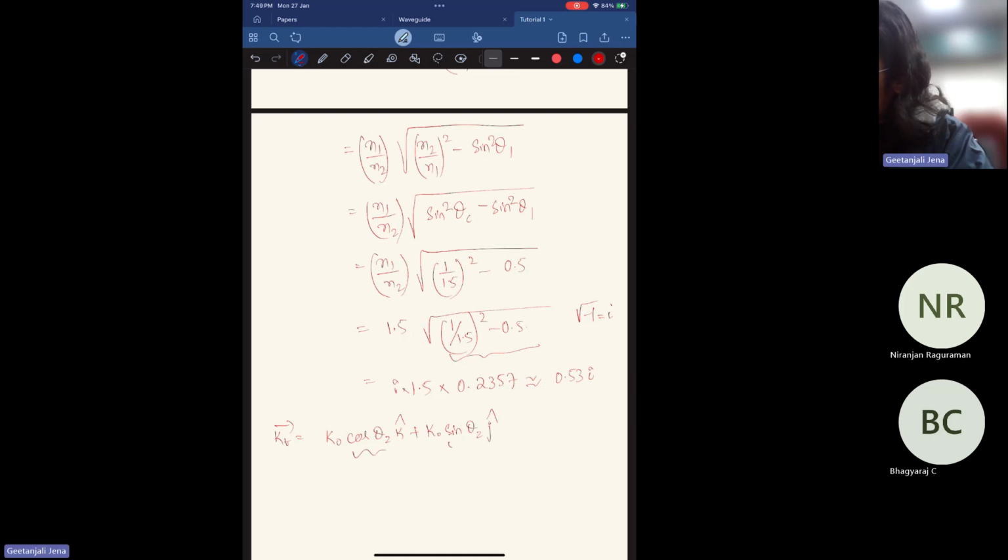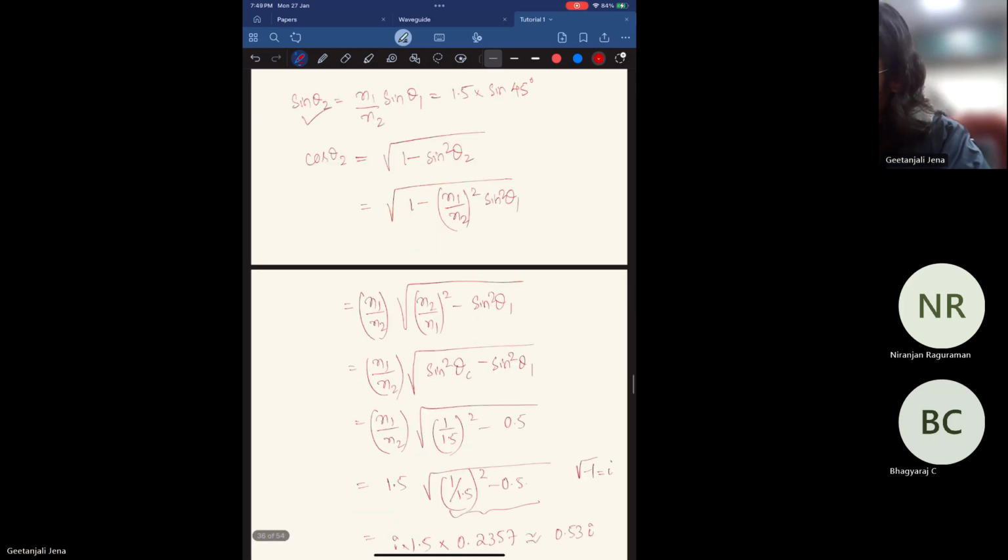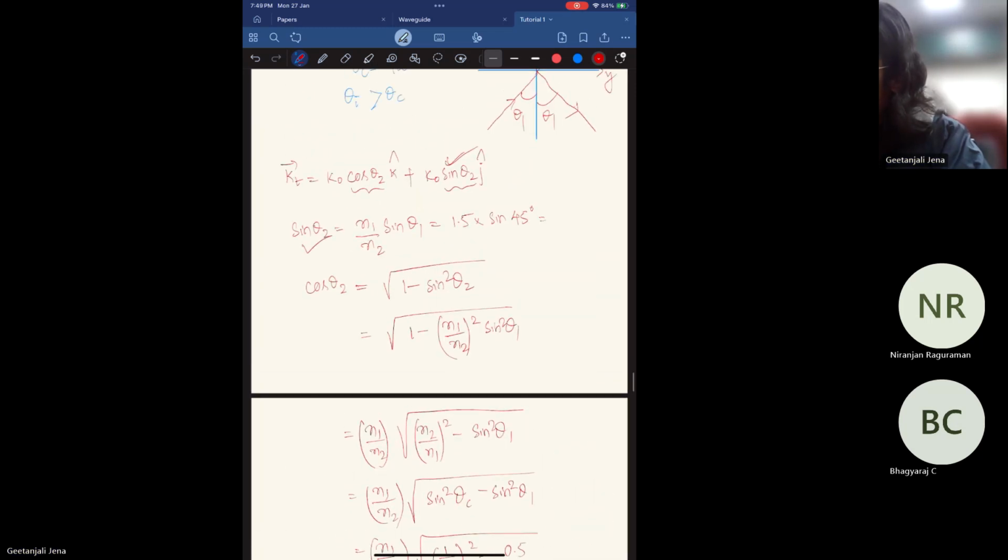In cos theta 2 and sin theta 2, you already know it is K0 I 0.53 K cap plus sin theta 2, it is 1.5 by root 2, and it will come around 1.06 J.